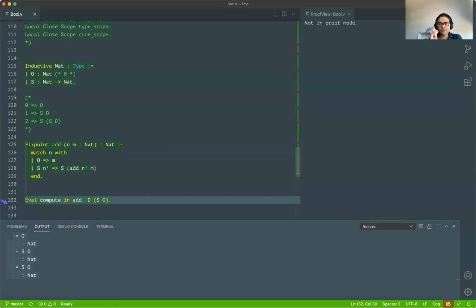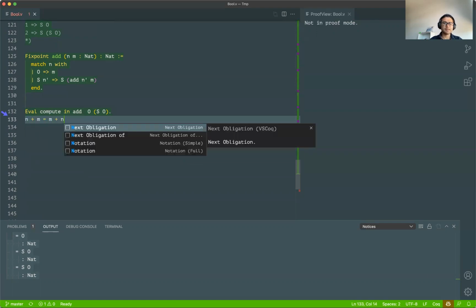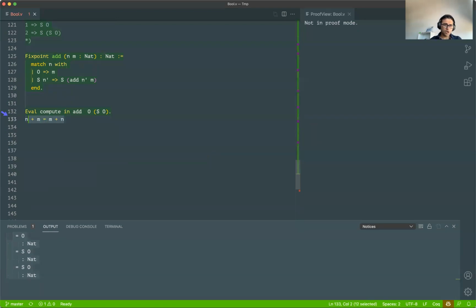So that's our first property of the day, that addition on natural numbers is commutative. It means it does not matter if I add n plus m or m plus n. It should be the same. So order should not matter.